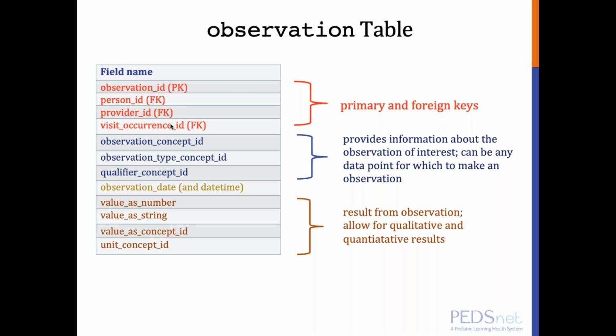And then we have the date and date time, and then the results are given flexibly as well. It can be a concept ID, a standardized field, or it could be a string, or a number. So this table allows you to pick the concept and then the result, however you want to give it, but it has less specific fields than the condition table or the procedure table or the more denormalized tables.